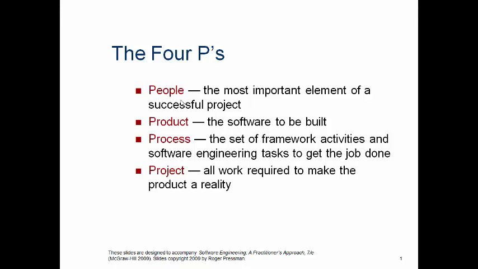A number of different task sets, like tasks, milestones, work products and quality assurance points, enable the framework activities to be adapted to the characteristics of the software project and the requirements of the project team. Finally, the umbrella activities like software quality assurance, software configuration management and measurement overlay the process model. Umbrella activities are independent of any one framework activity and occur throughout the process.